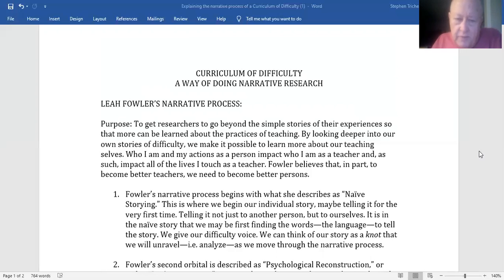And by doing that, we make it possible to learn more about ourselves and thus about our teaching selves. Who am I, and how my actions as a person impact who I am as a teacher. So to be a better teacher means to become a better person.